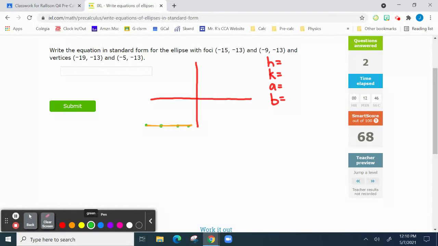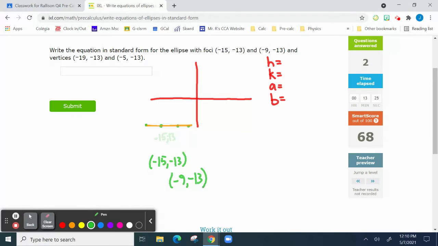So if this one is negative 15, comma negative 13, and there's no eraser. What if I just kind of color over it in white? Not very well. I offer you my humble apologies for that. Okay, and it's this fat pen thing again. Negative 15, comma, negative 13, right? That's one focus, and the other is negative 9, comma, negative 13.